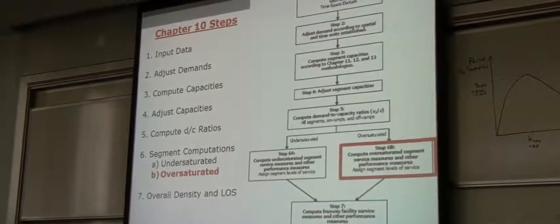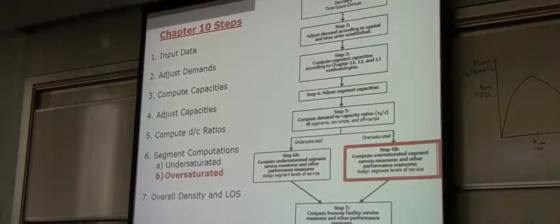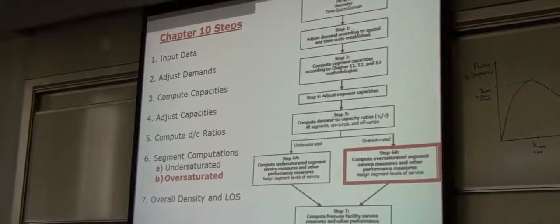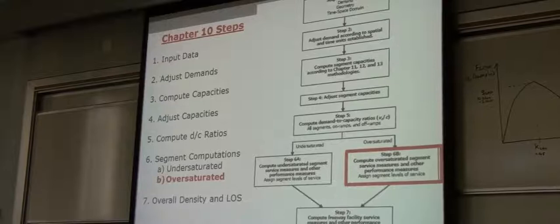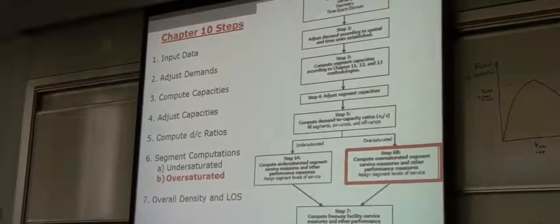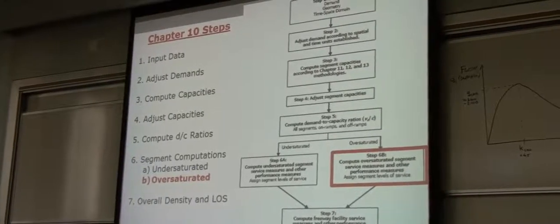You estimate segment capacities for all your segments. You can adjust those capacities for incidents, for rain, for weather, work zones, and so forth. That really, step 4, is the key piece of LO8, adjusting those capacities to represent impacts of non-recurring congestion.